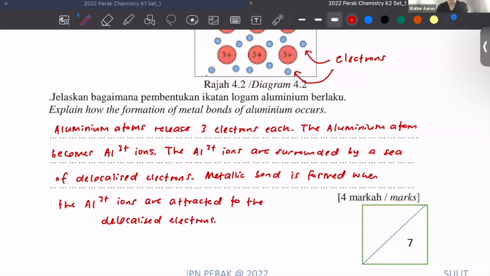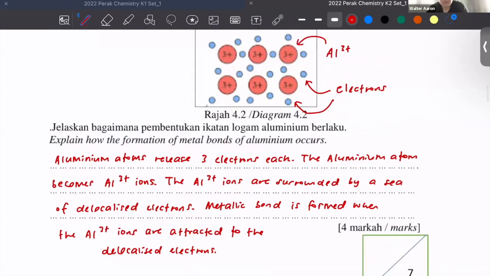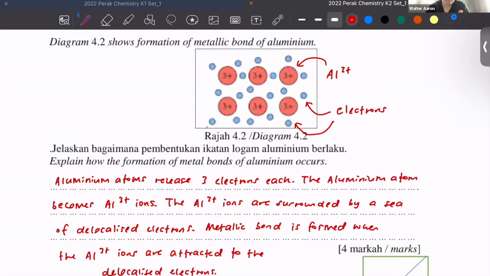So the electrostatic force between the aluminum ions and the electrons will create this pulling effect towards each other. The ions cannot possibly attract each other because they have the same charge, right? Aluminum is positively charged, so if they were to come close to each other, they should repel each other.